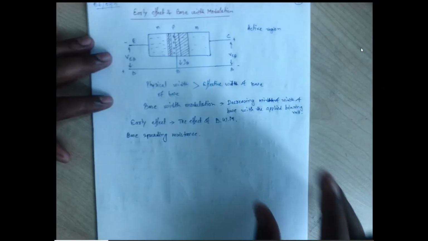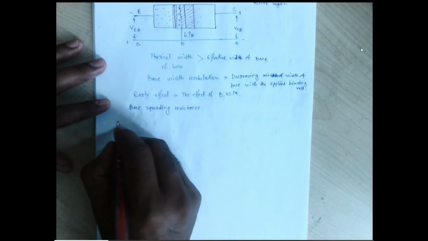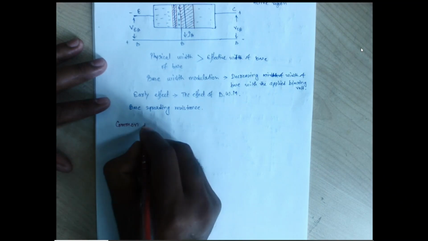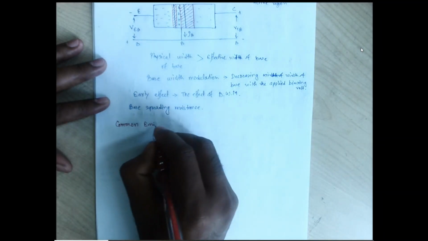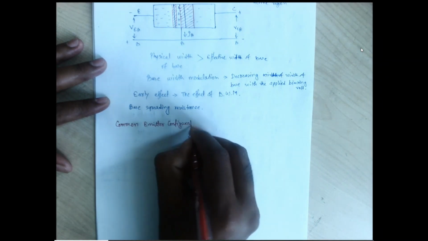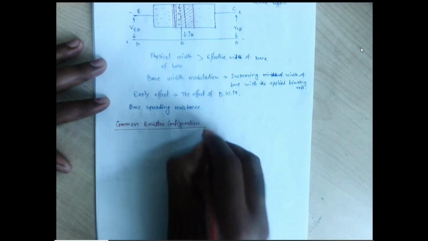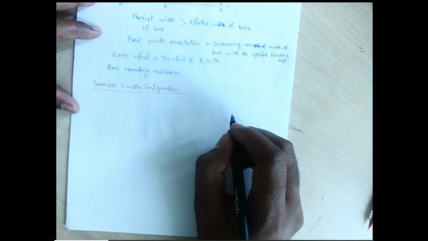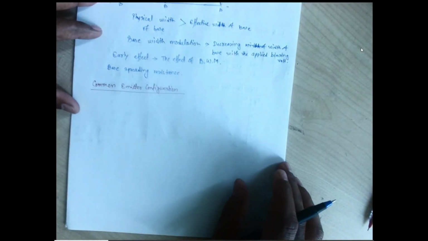So next configuration, that is the common emitter configuration. For this case, what we know is the emitter is common in the input side as well as in the output side. So let us consider the NPN transistor.